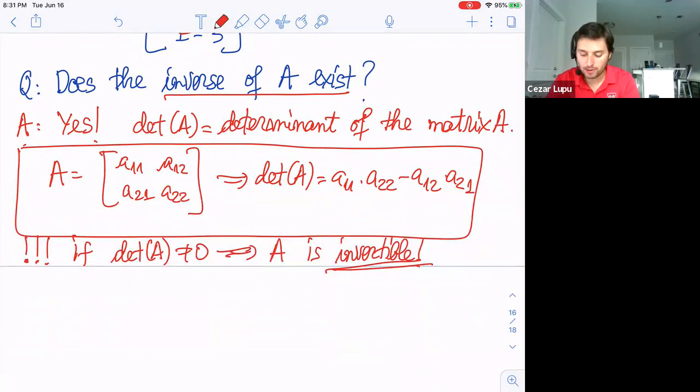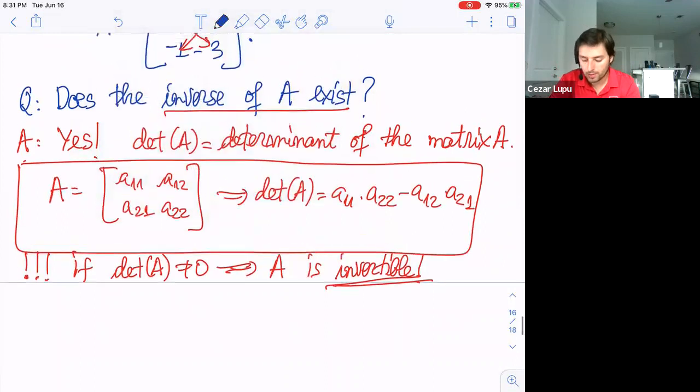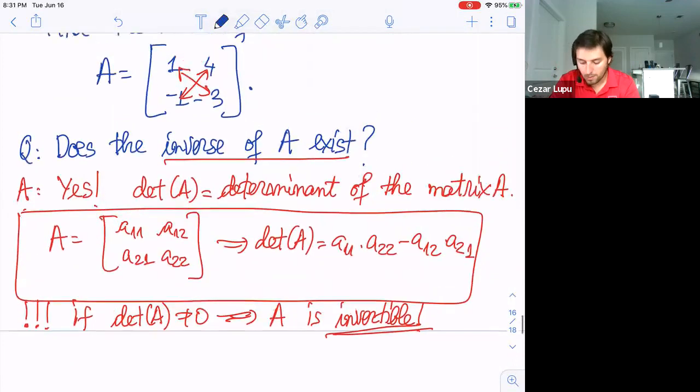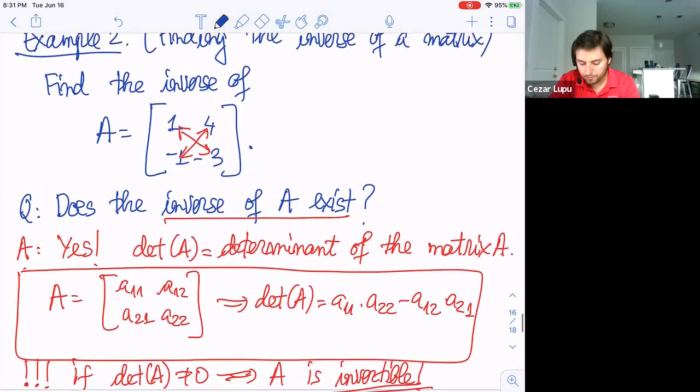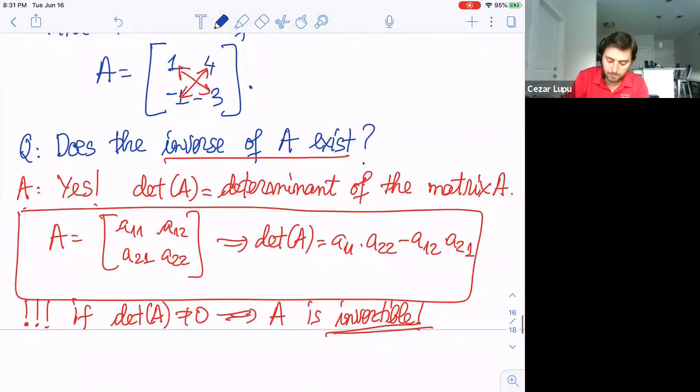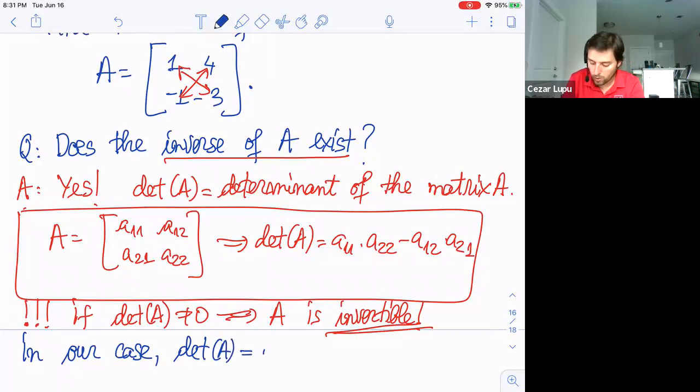So in our case, we can compute this. The determinant of A is nothing else than just 1 times 3 minus 4 times -1. But here it will be 3 plus 4, which is 7.